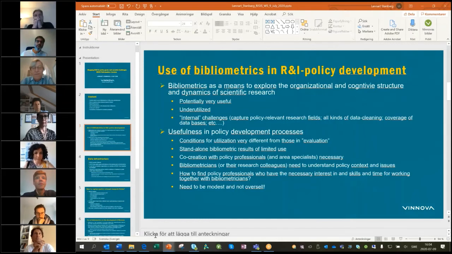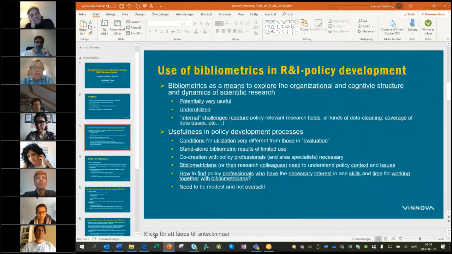That's part of the purpose of today's meeting. And I'm very much in favor of the general approach of using bibliometrics as a means to explore various aspects of research in terms of organizational and cognitive structures and dynamics.